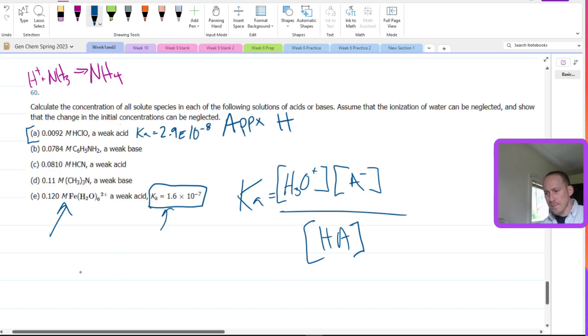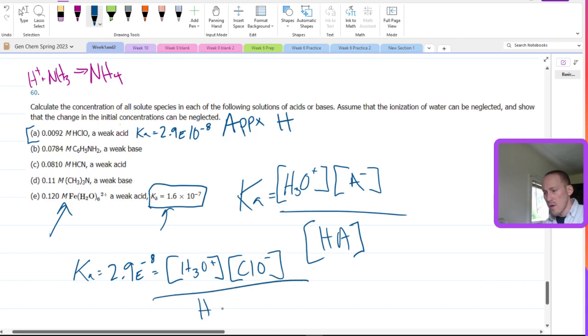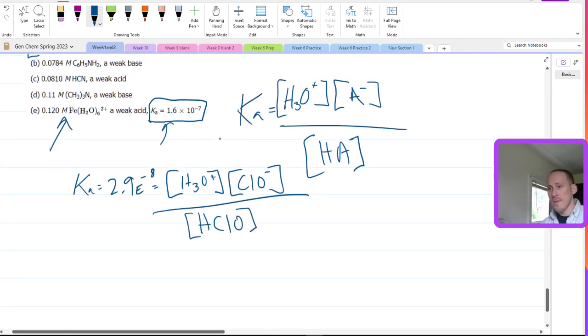So that equals our concentration of hydronium times our ClO minus, which is our conjugate base, over whatever amount of hypochlorous acid does not dissociate, right?